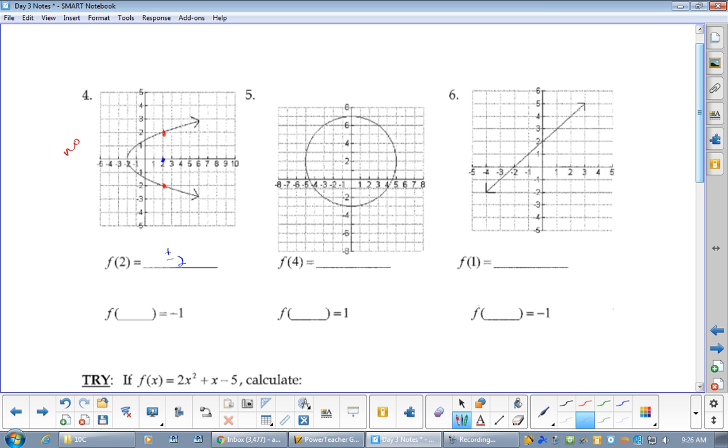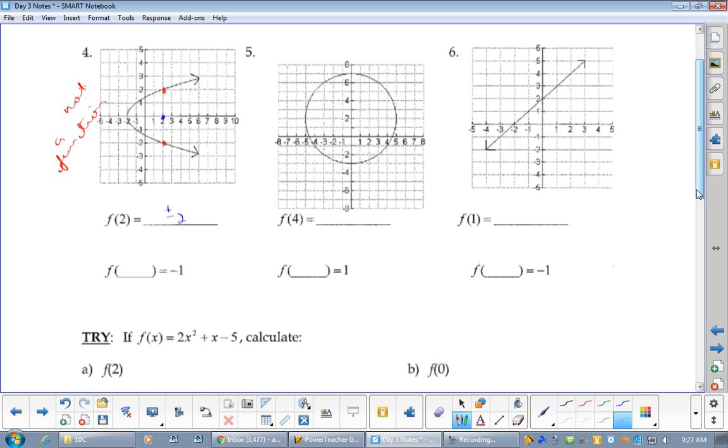So this is not a function, but yet we're using function notation. The irony. It's thick on this one. Now, what x value gives me the y value, negative 1?